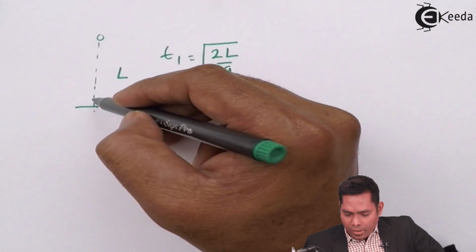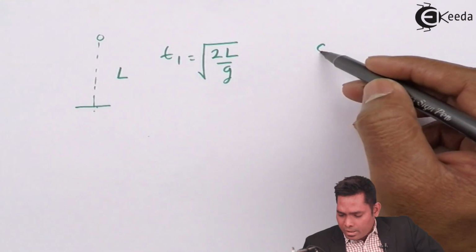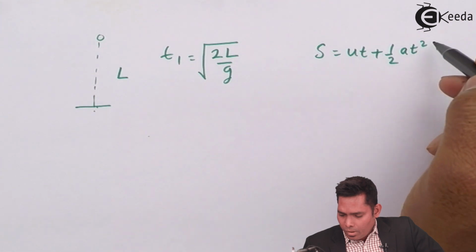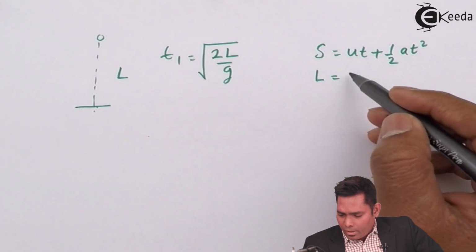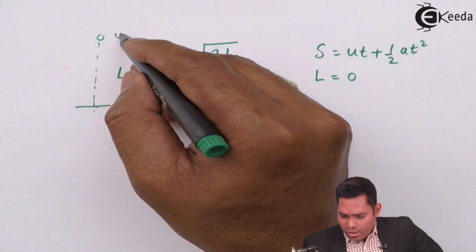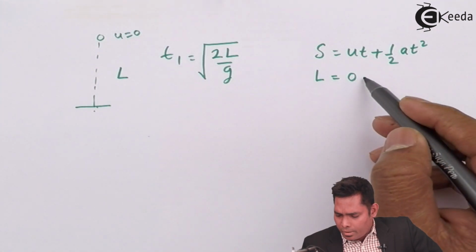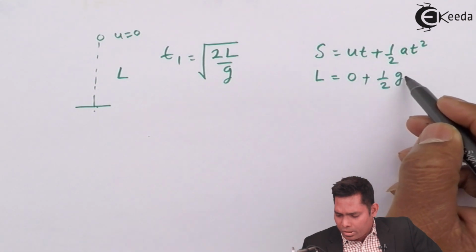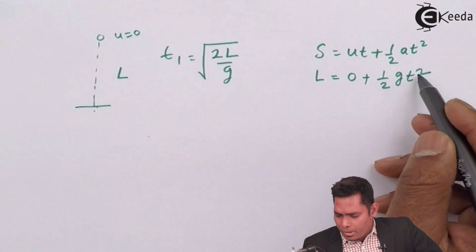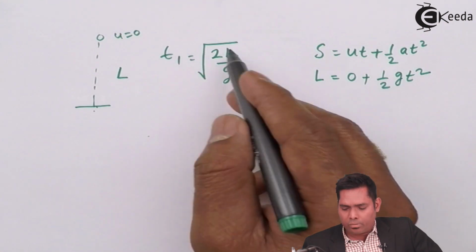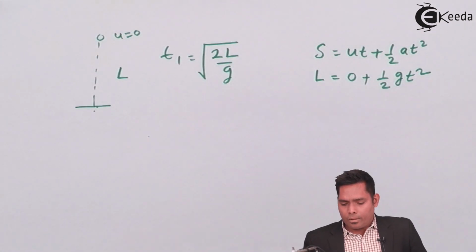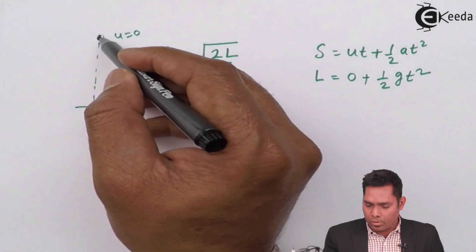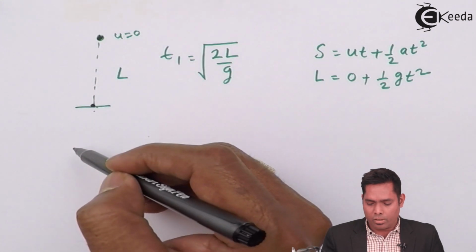Because S is ut plus half at square, where u is 0 because it is released, so this becomes half g t square. So from here t is the square root of 2L by g. This is the time taken by the stone to hit the water surface.